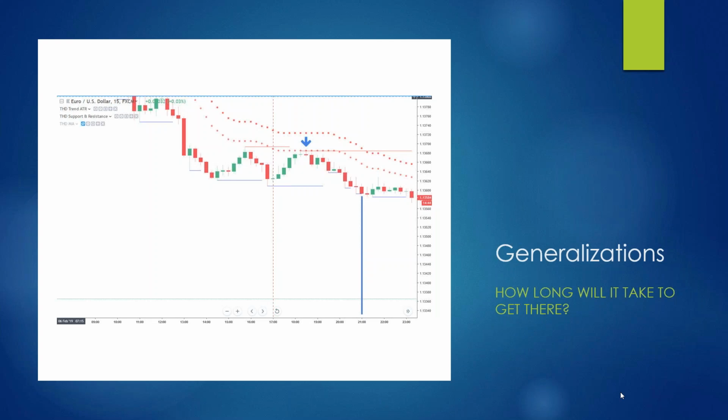Now, once you determine where it's likely to go, your next question will be, how long will it take to get there? Now, notice this is during Asia that I pointed out this trade, okay? It was about an hour and a half before Asia opened, okay? So Asia is a smaller time period.